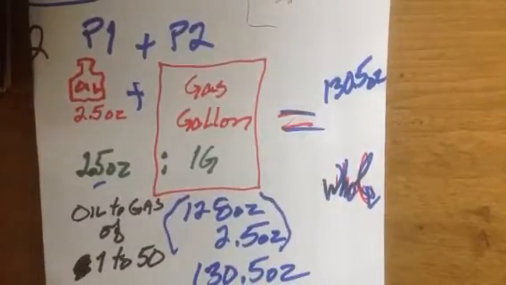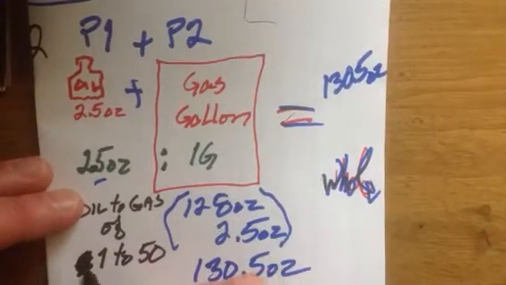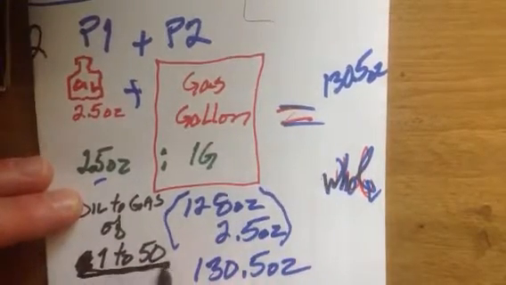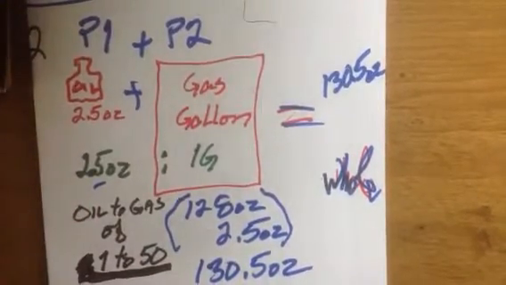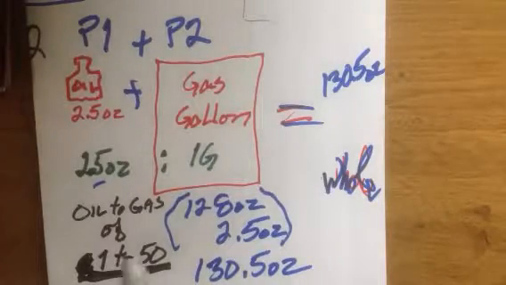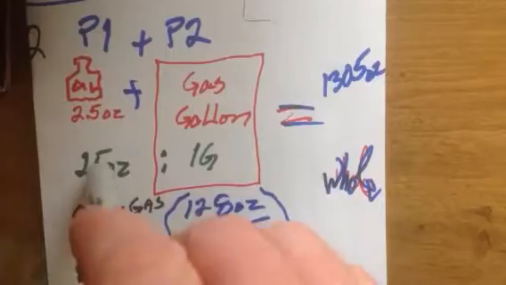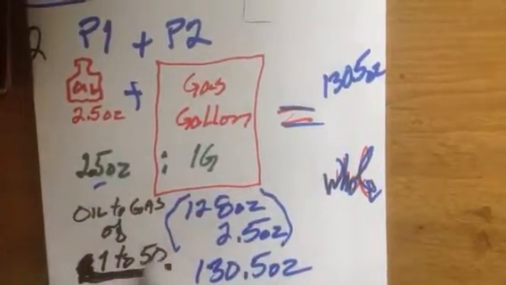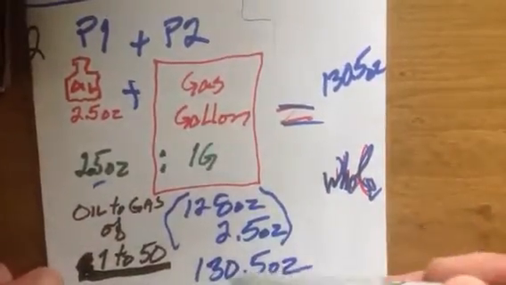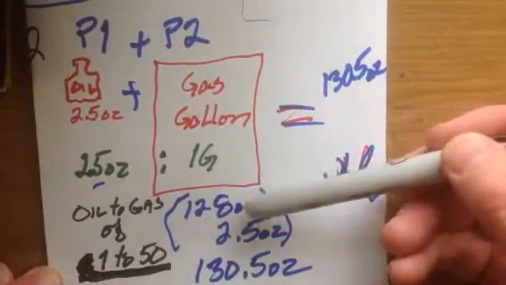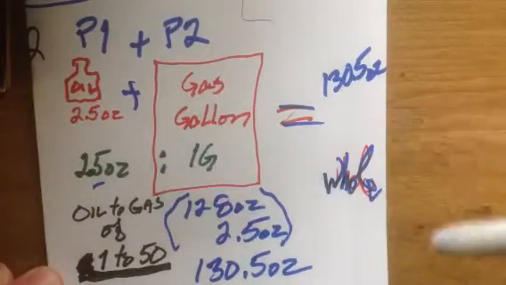Now, usually when you state a ratio, it has no units associated with it. So 50 to 1, again, if you did the multiplication, 1 times 2.5 and 50 times 2.5, you'll come up with 128 ounces to 2.5 ounces.